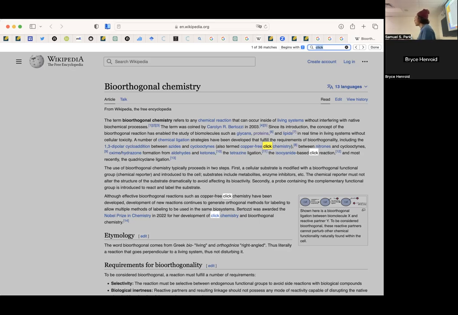Let's say that antibody's antigen is an RNA binding protein. That RNA binding protein is going to be regulating a piece of RNA. So there's the protein, the RNA, the antibody, and then the DNA barcode.